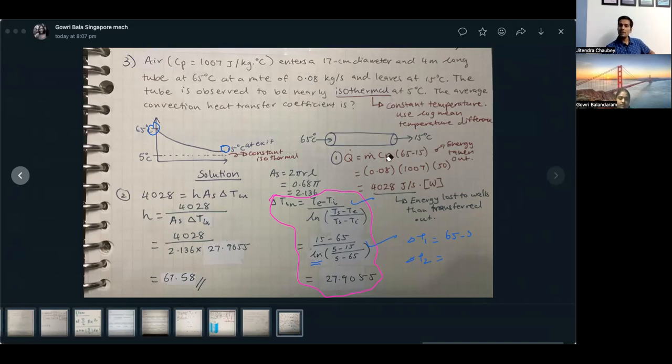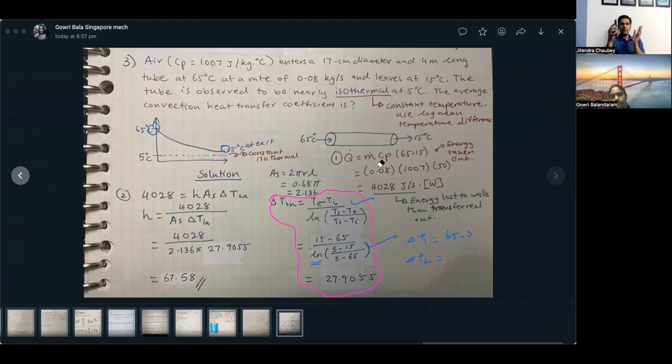Since air lost this much heat, we can relate it with the property that if one body is losing, another body is gaining. Then the net heat exchange, net heat transfer, will be equal to the heat gained or heat lost.